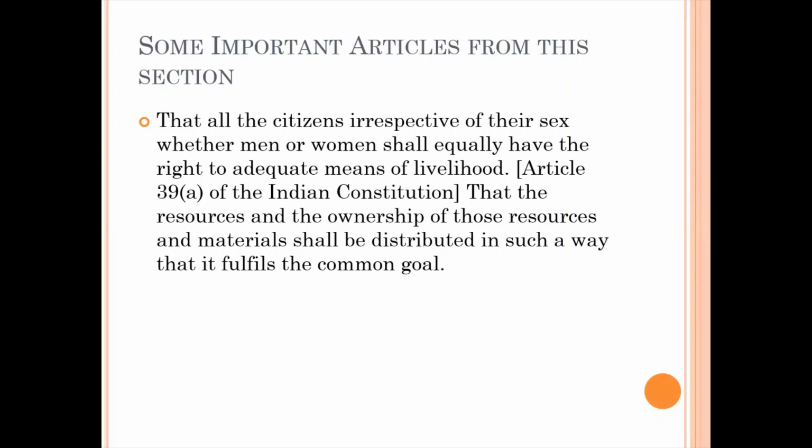It means in any kind of job, there will be no discrimination that a man can do this job and a woman cannot. Article 39A says that all are equal, and all the resources and materials shall be distributed in such a way that it fulfills the common goal of the country.